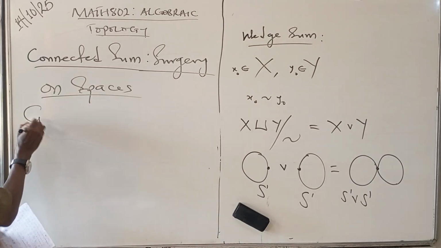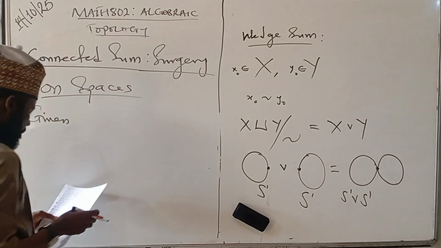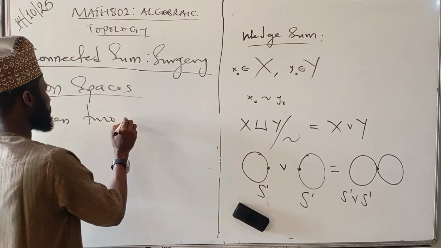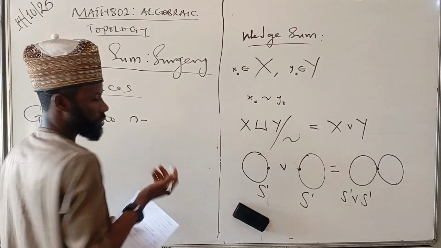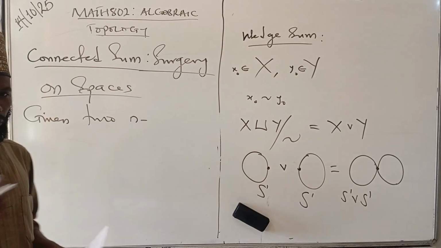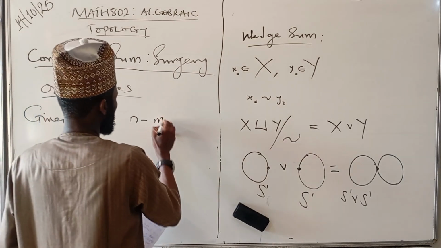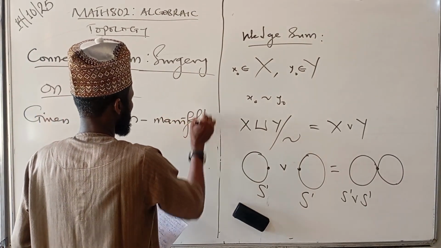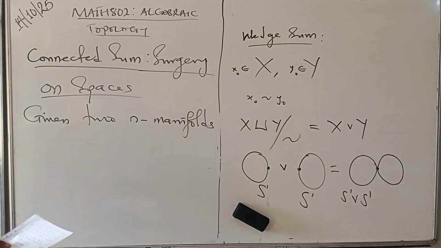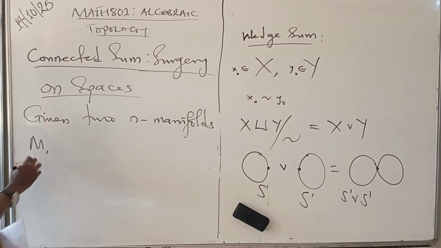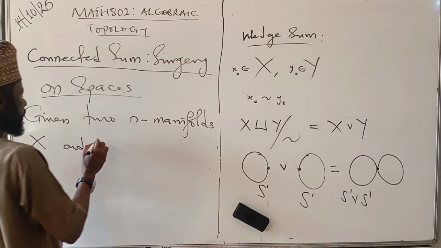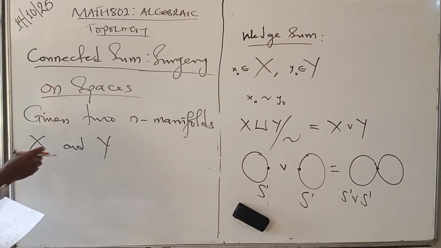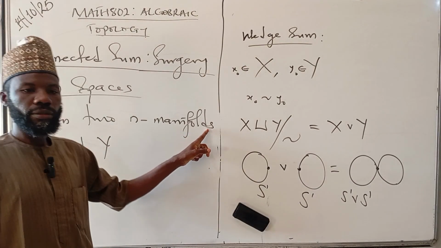So the way you do this is to take two n-manifolds, for example. You can do it with any n-dimensional topological space, but we assume we are working with manifolds. So let me say manifolds, let's say M1 and M2, or X and Y, n-manifolds. You remember what this is?